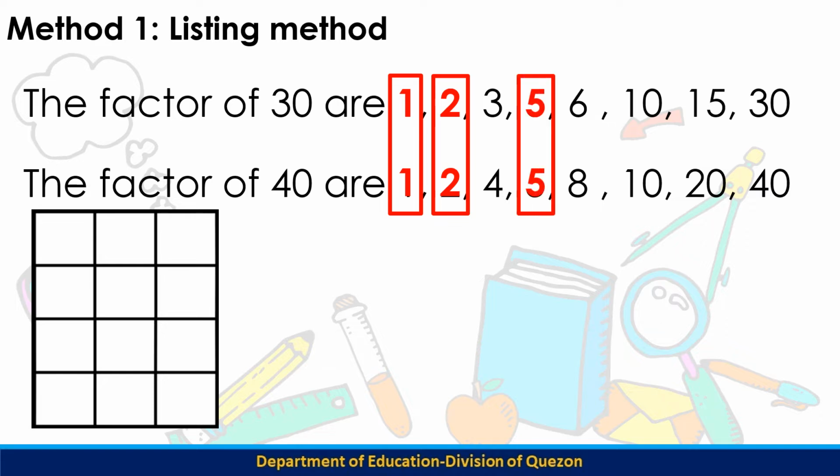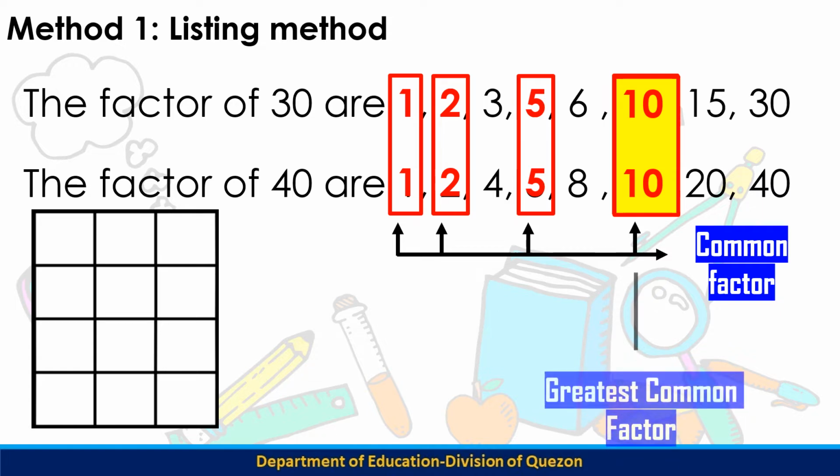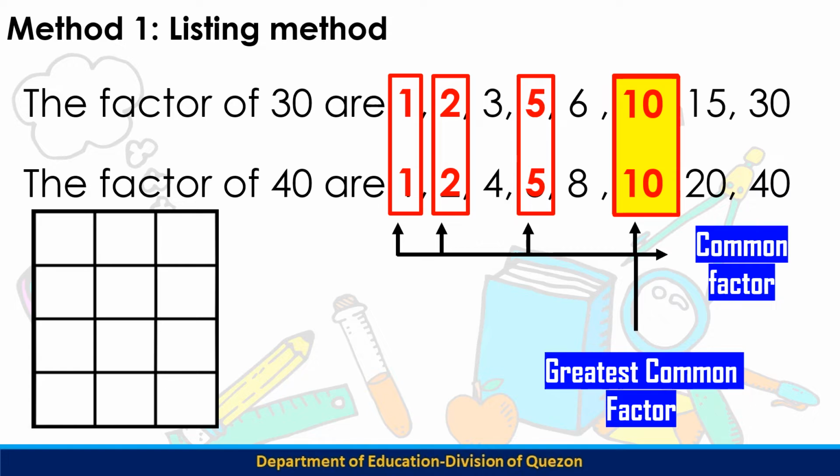The other is 5 and the last one is 10. They are all the common factors. Now, we have the greatest common factor here, the number 10. This is called the greatest common factor.